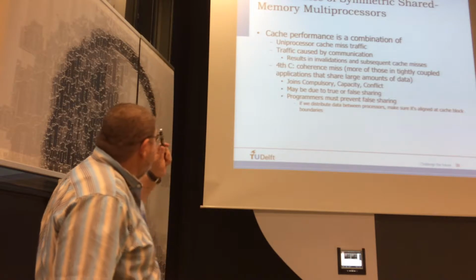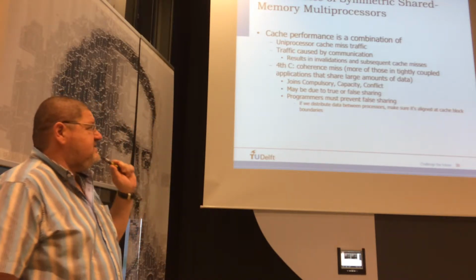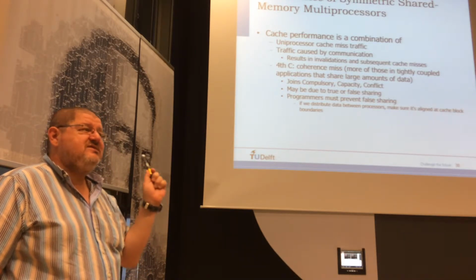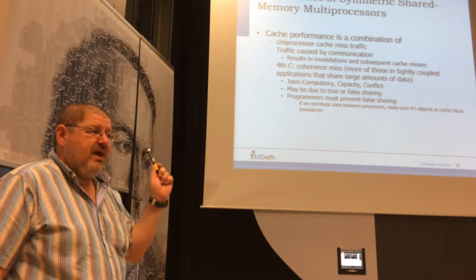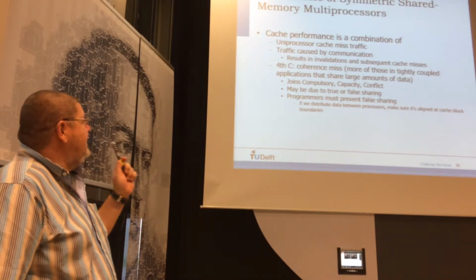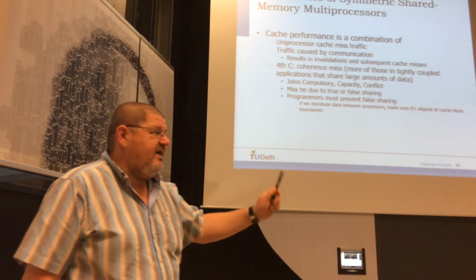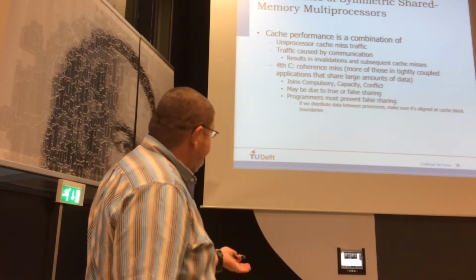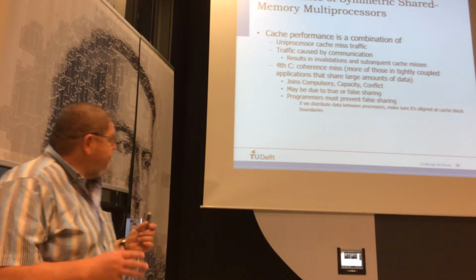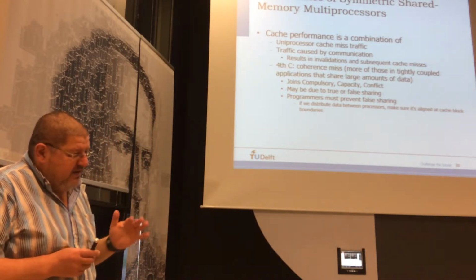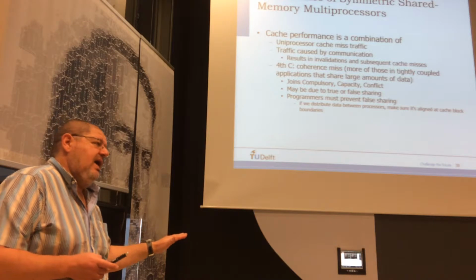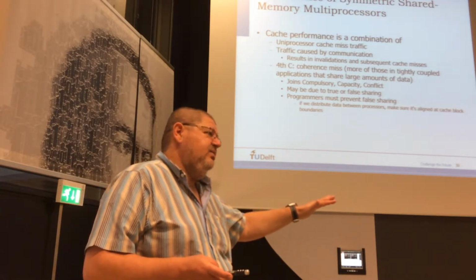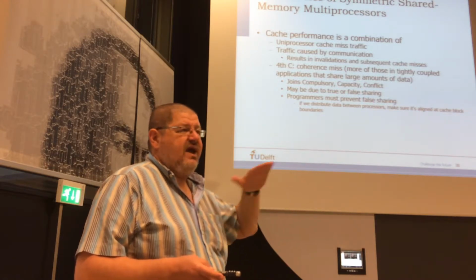Now, there is another implication here which we discussed when talking about caches. Remember the 3 C's? Capacity, compulsory, and conflict. Then we have the extra C, which is due to coherence. Why in uniprocessors the programmer may or may not have to deal with data layout and things like that.